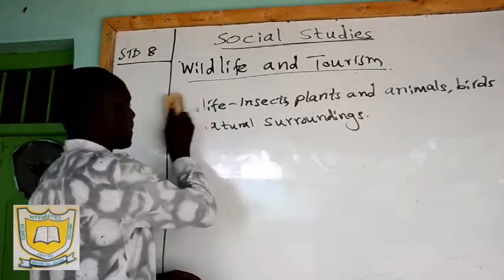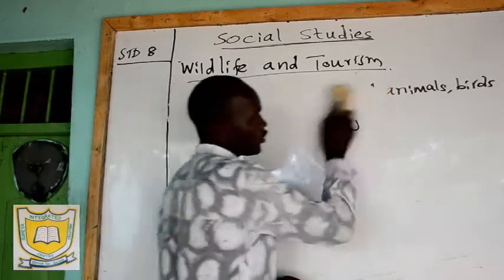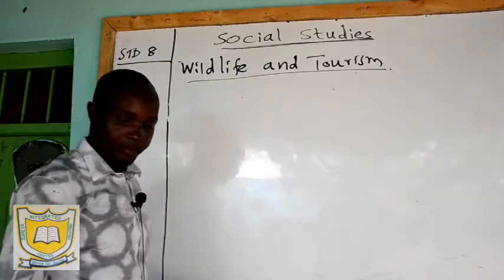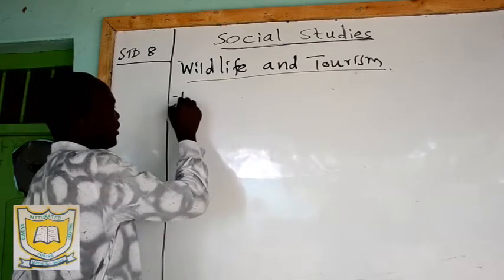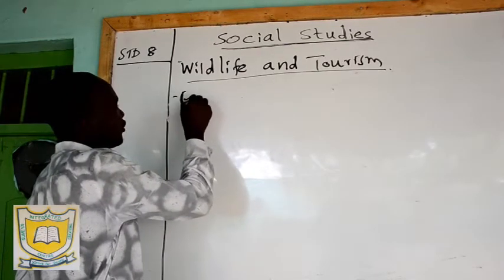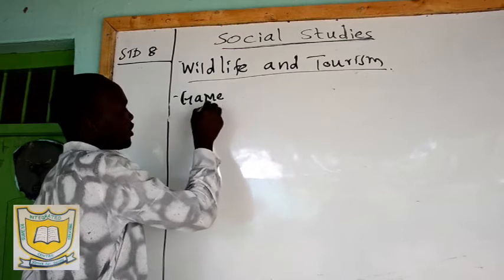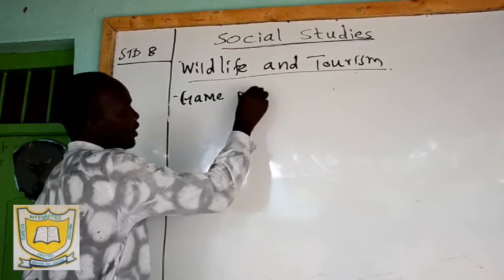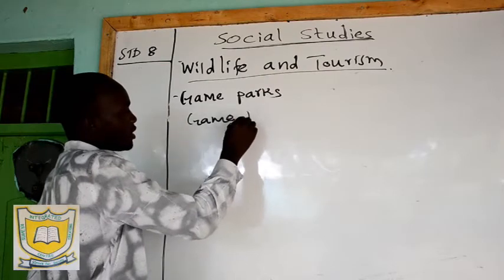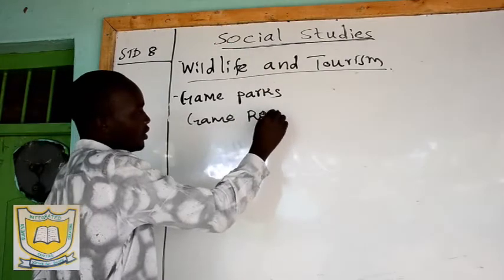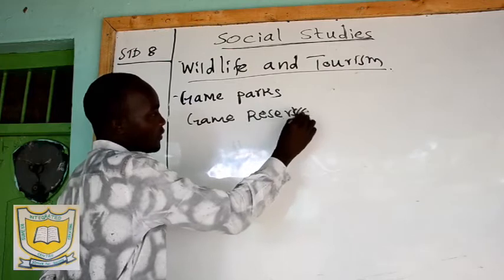Then let us also look at the types of areas where wildlife are kept. You will find that wildlife are kept in what we call the game parks and game reserves.